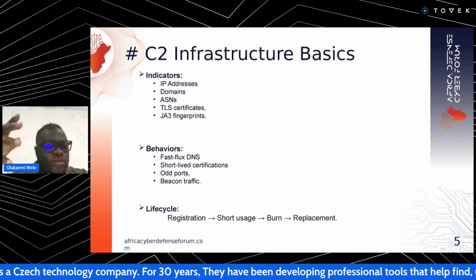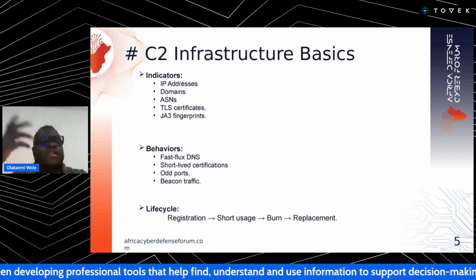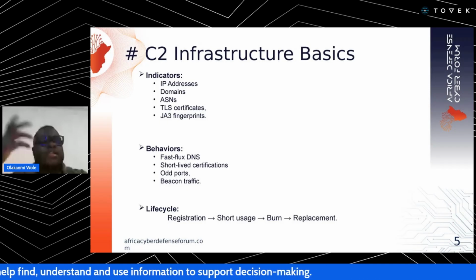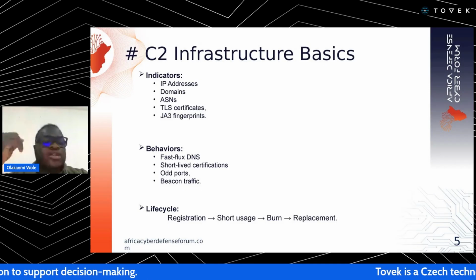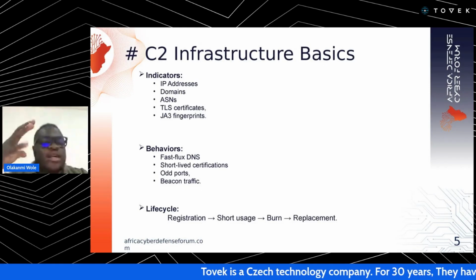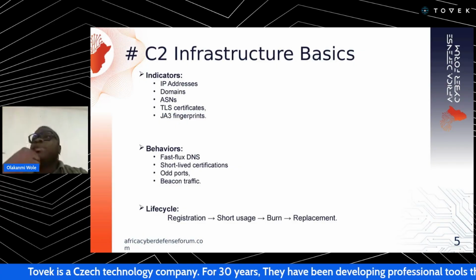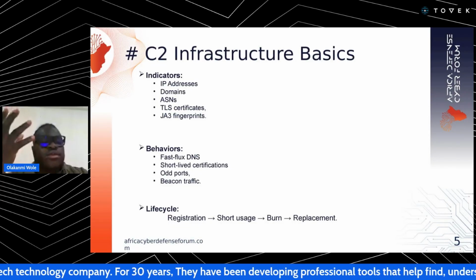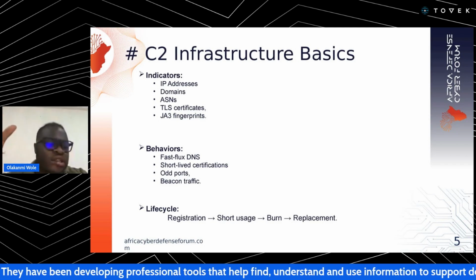The first thing is, what are indicators? Indicators of compromise, IOCs and IOIs, right? So things like IP addresses, domains, ASNs, SSL or TLS certificates, JA3 fingerprints, file hashes, these are the basics of what forms a command and control center, right?